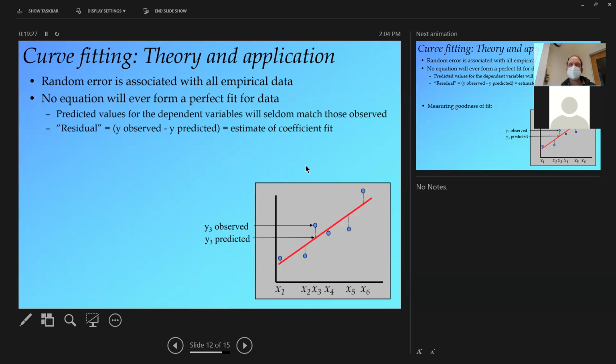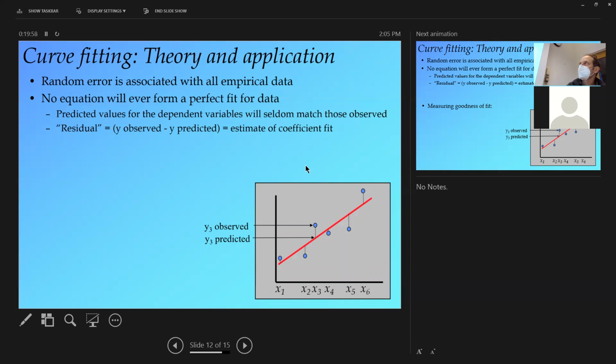And that is what we're essentially trying to do when we fit an equation to a set of data. You guys know this from early on in school, where you were asked to fit a best line to data, and you're asked to draw a line through there. Well, essentially what you're trying to do is minimize the distance between your points and the line representing the equation that you fit.